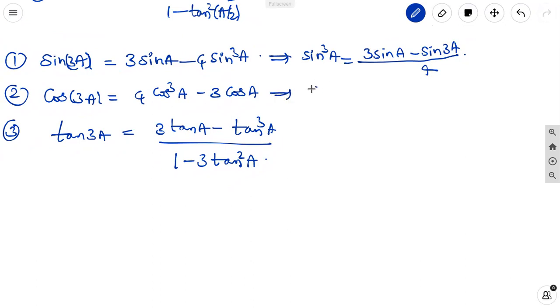Here also, cos cube A equal to cos 3A plus 3 cos A by 4. If we want sine cube A or cos cube A, we can reduce using the sine 3A and cos 3A formulas. These are also used in the middle of problems.